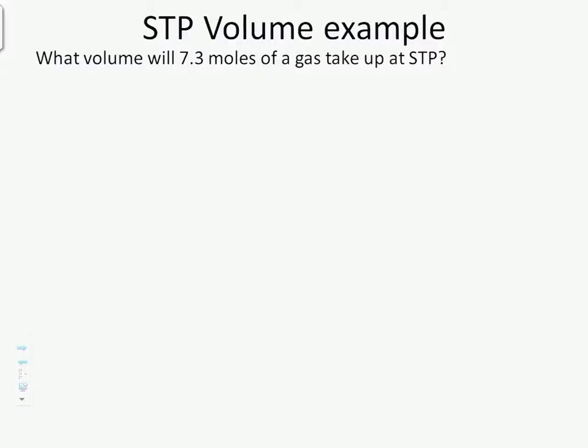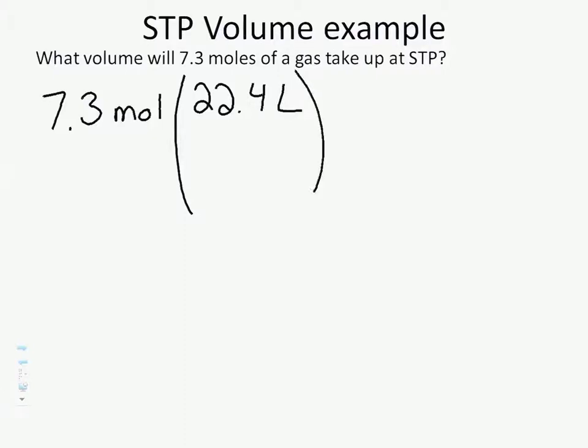So to solve a question that says what volume will 17.3 moles of a gas take up at STP, you can essentially just set up a conversion factor. 17.3 moles, and you know 22.4 liters exist for every 1 mole.